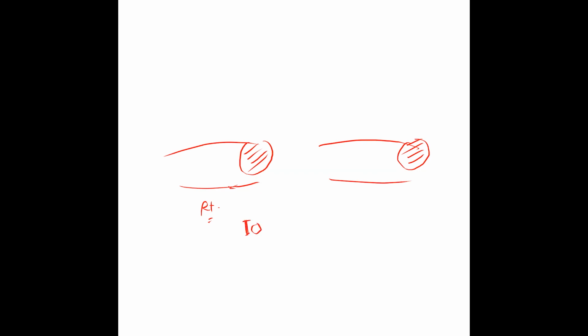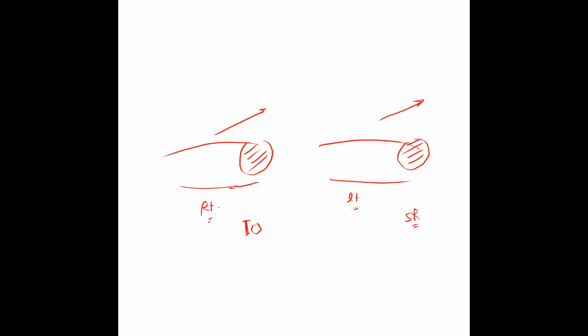For the left eye, we have abduction and elevation, so it is the superior rectus. So they are yoked muscles. If you are looking in this direction, you will have to contract the right inferior oblique and the left superior rectus.